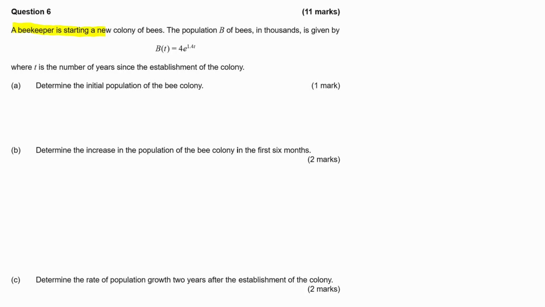A beekeeper is starting a new colony of bees. The population B of bees in thousands is given by B(t) = 4e^(1.4t), where t is the number of years since the establishment of the colony. Determine the initial population of the colony.